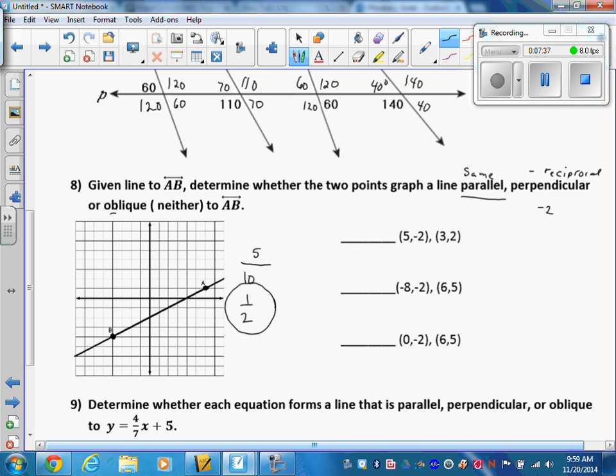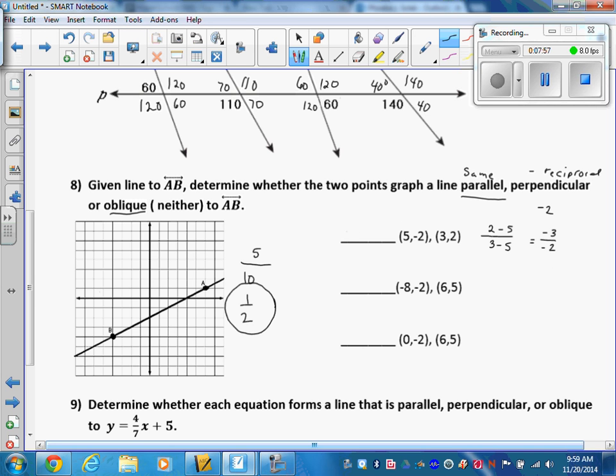And oblique then would be neither of those. So using the formula for rise over run, it's going to be 2 minus 5 over 3 minus 5. So the slope of this is -3 over -2.